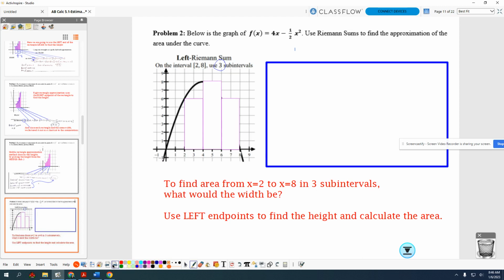Number 2, using this equation. I've drawn in the rectangles, you should draw them in as well. And 3 subintervals from 2 to 8. So the width of each rectangle is 2. For LRAM, use the left side and plug it into this equation to get the height.